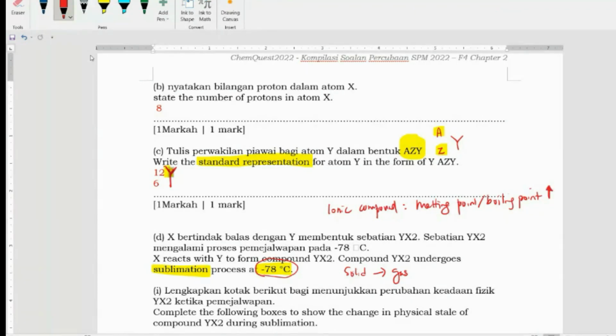Kena tengok balik. Okay, high. Why? Because it has strong electrostatic force. Okay or not? So more heat energy is needed to overcome this force lah.